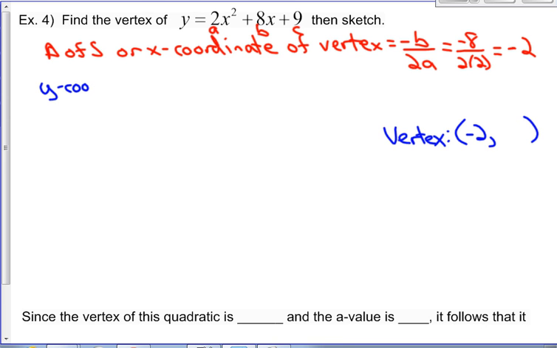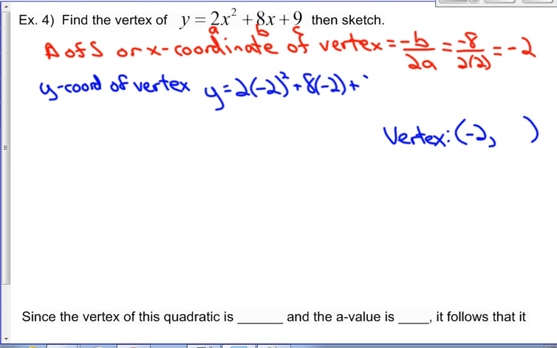The y-coordinate of the vertex is easy. We just sub that into the original function. 2 times negative 2 squared plus 8 times negative 2 plus 9. Okay, what's that going to give us? It'll give us 8 minus 16 plus 9, or 1.